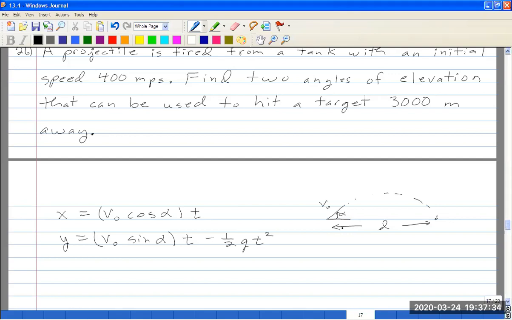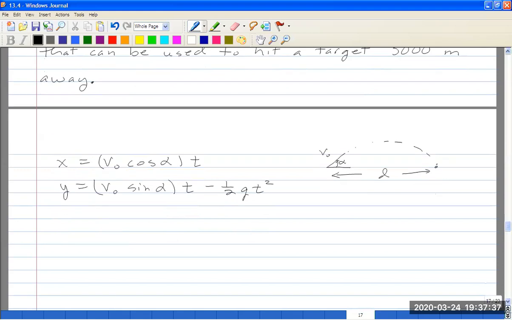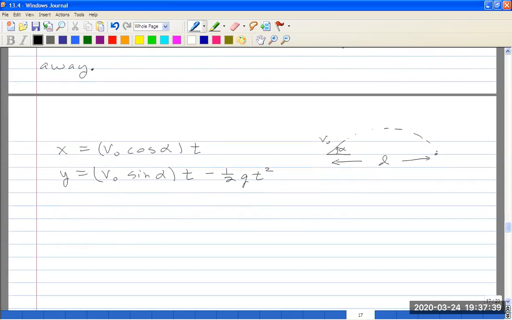And so y is 0 when we hit the ground. And x is d.